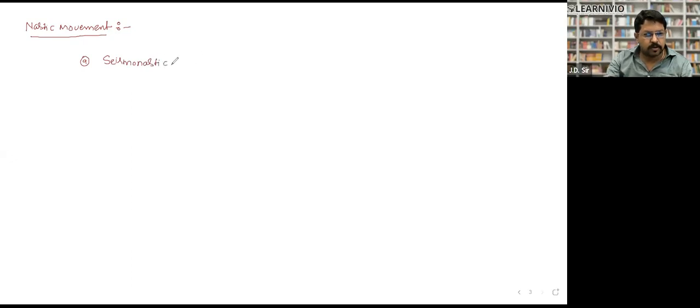Sometimes you will get this point: this is also called thigmonastic movement. Both thigmo and seismo mean touch. So either you call it seismonastic or thigmonastic, both are the same thing.